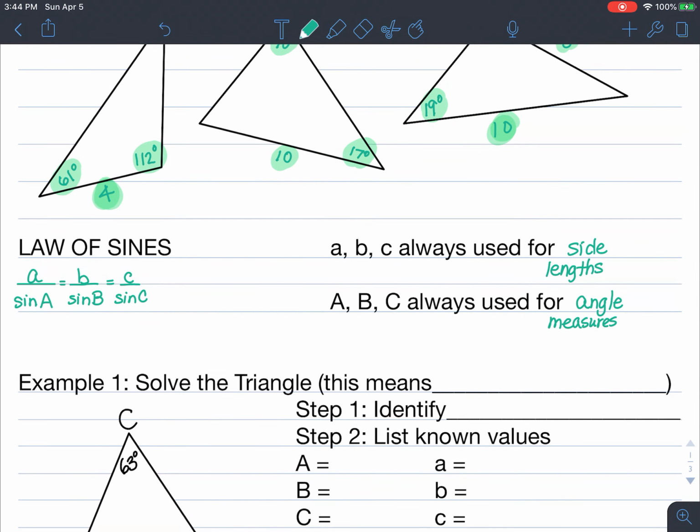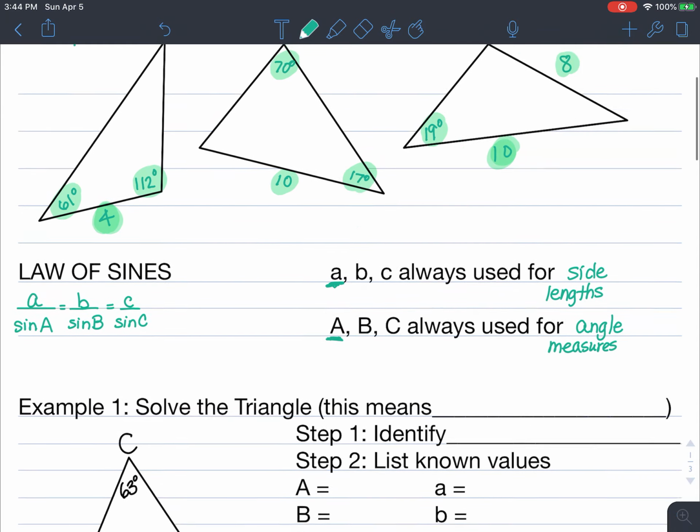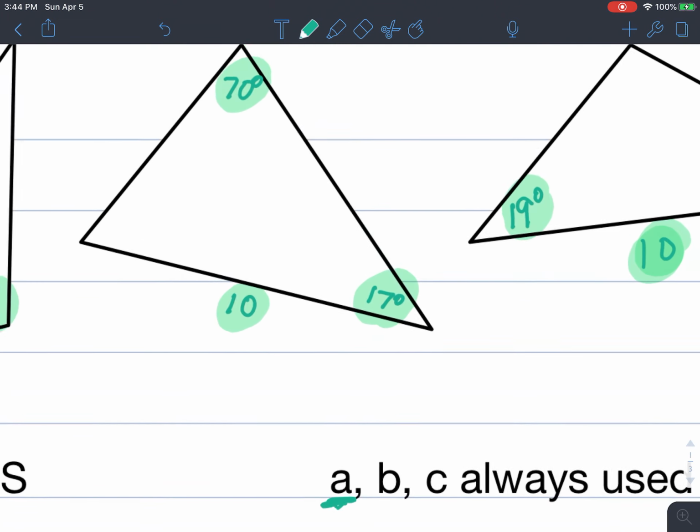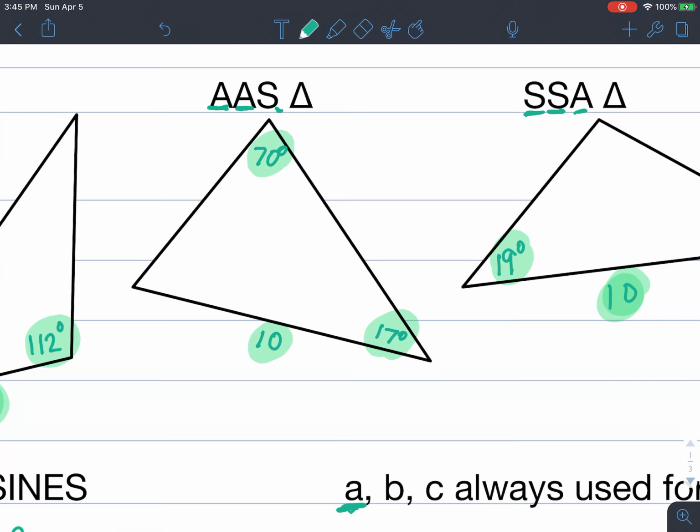And the relationship between lowercase a and capital A is that lowercase a is the side that's across from the capital A angle. So for instance, if we take one of these triangles we had up here, maybe I call this angle A up here, and this angle B, and this angle C, and that would make this side have to be lowercase a.